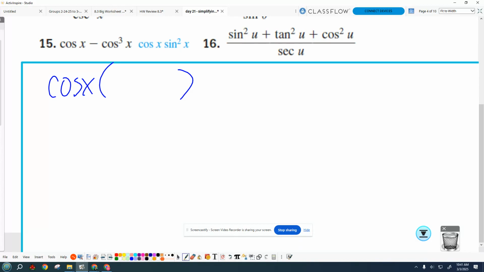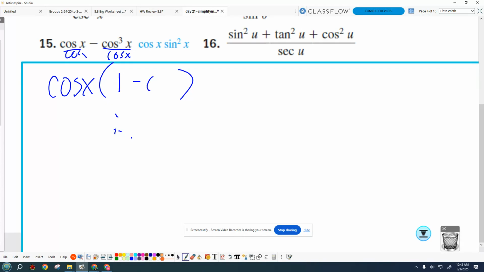Mohammed, when I factor out cosine, I'm really dividing all of these by cosine. So what is cosine divided by cosine? Is it 1 or is it 0? It's a 1. When I do cosine to the third divided by cosine to the first, what does that become?